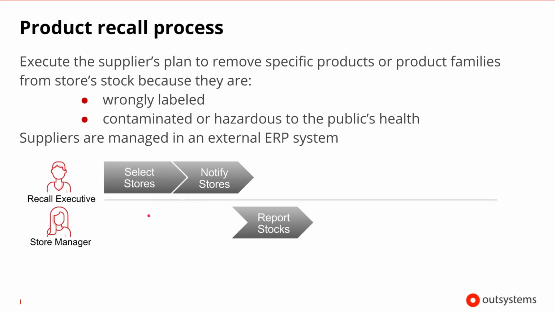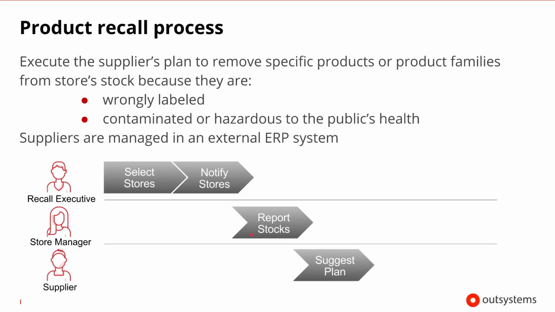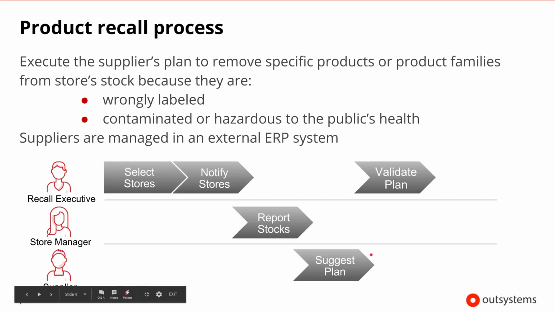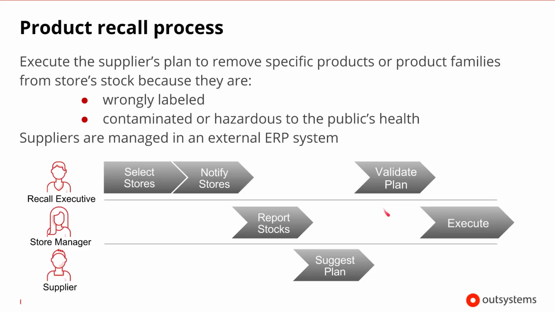The store manager will then report the stock of those products and product families, and once that is reported, the supplier will have to come back and suggest a plan for how to remove those particular products or product families. The recall executive will then review that plan and validate and decide what parts of the plan and how that plan should be implemented, and then it's the store manager's job to go ahead and execute that plan.